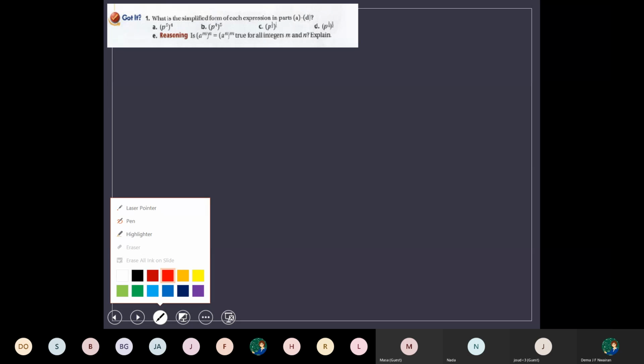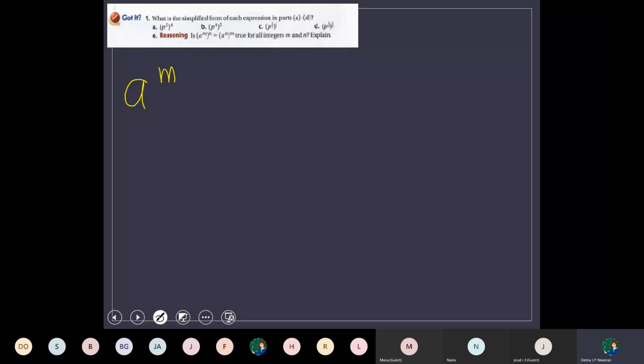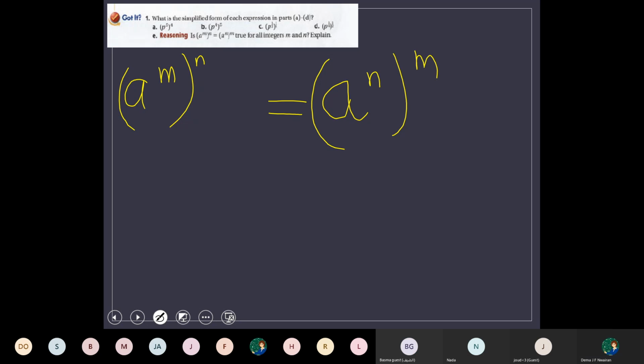Then now, as we said before, if you have a to the power m raised to the power n, is it equal to a to the power n raised to the power m? Yes. Why yes? Because it has the commutative property. Because if you multiply m times n or n times m, they are the same.